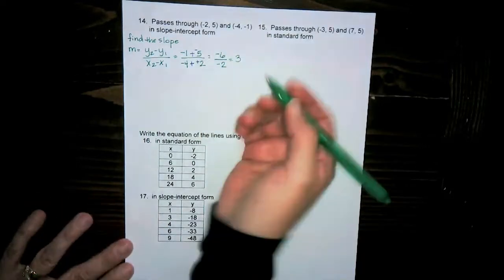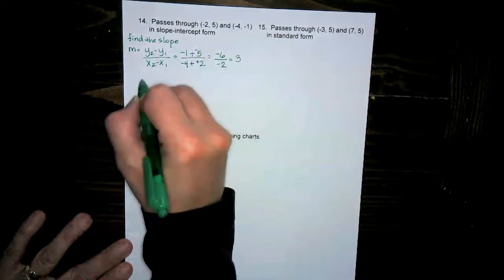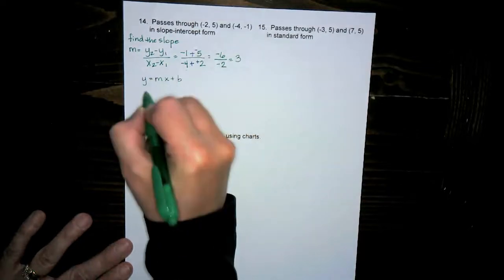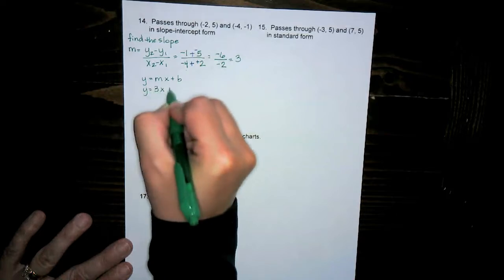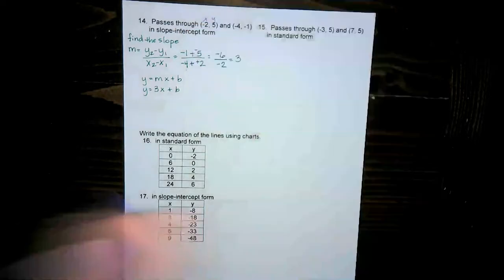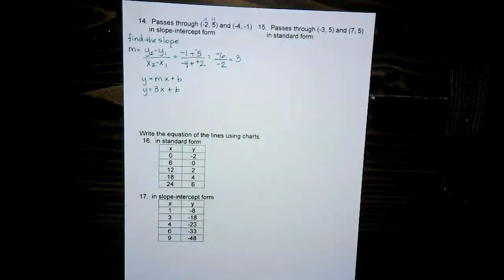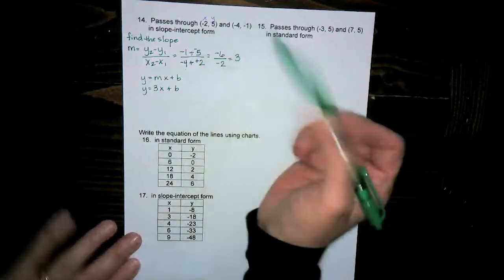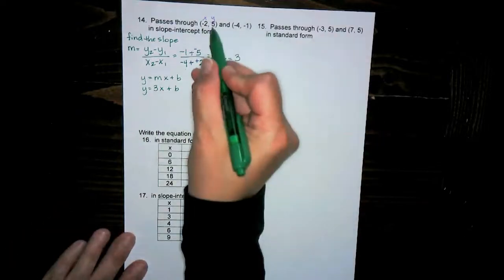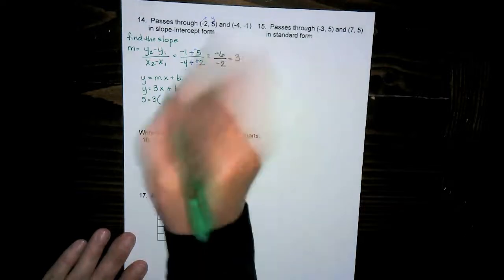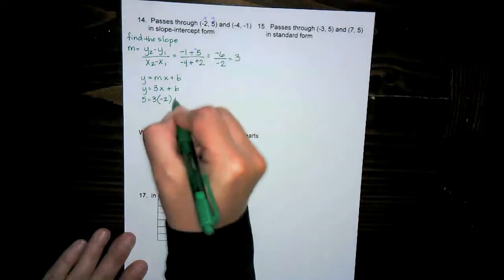Okay, let's substitute our slope then into our slope-intercept form. So y equals mx plus b. I'm going to put 3 in place of the m. We don't know b. However, we do have a point. We have an x and a y. And friends, let me tell you, you could use either of the points here. Either one works. So let's substitute 5 in for y, and we'll put -2 in for x.